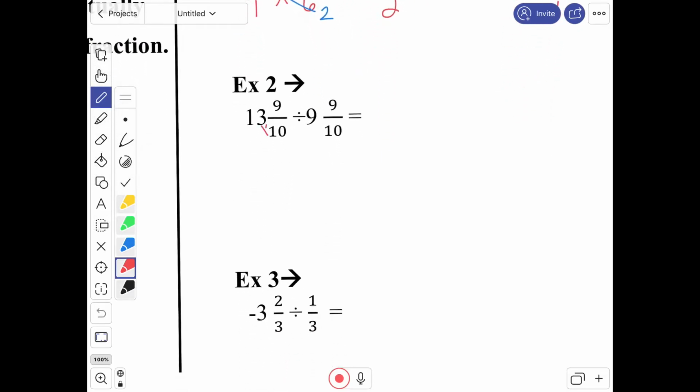Let's try example 2. We have 2 mixed numbers, so I have to change both of those to around the world on both of them before we do any keep, change, flip.